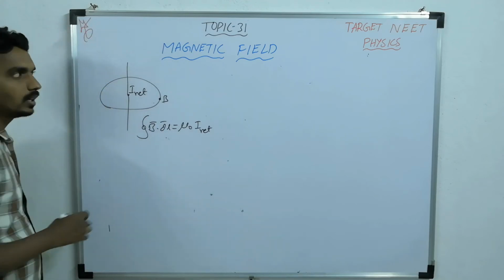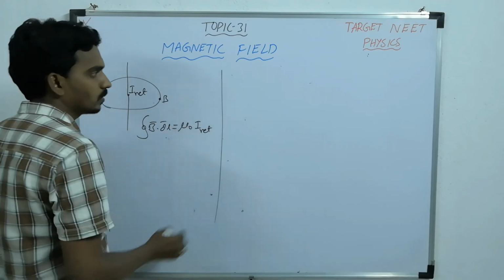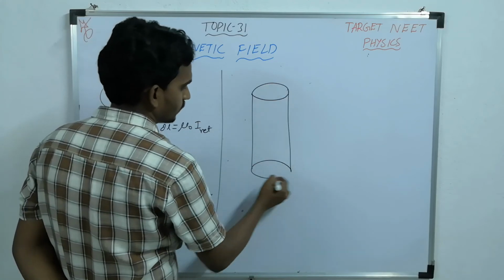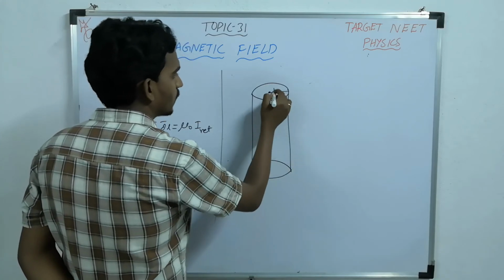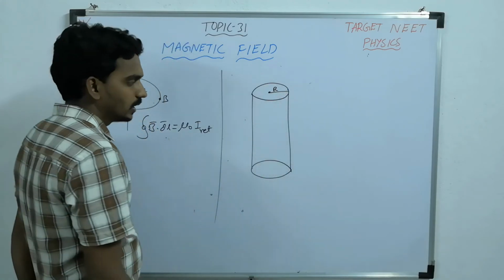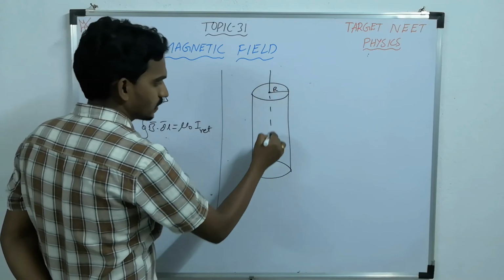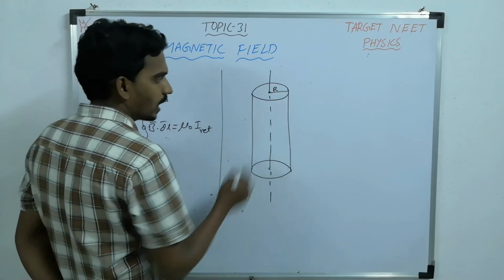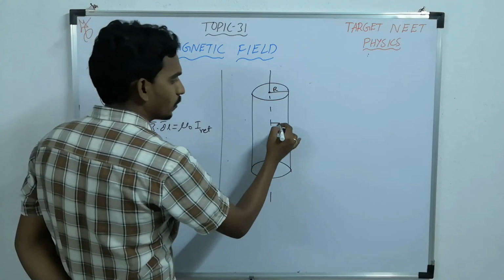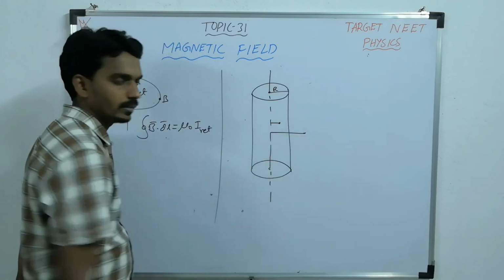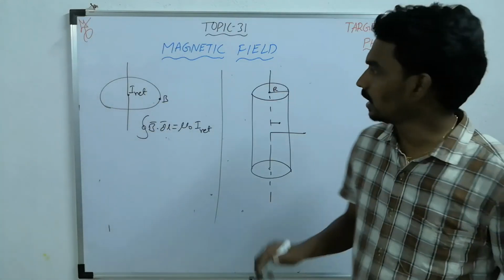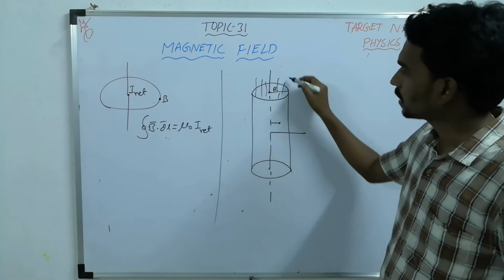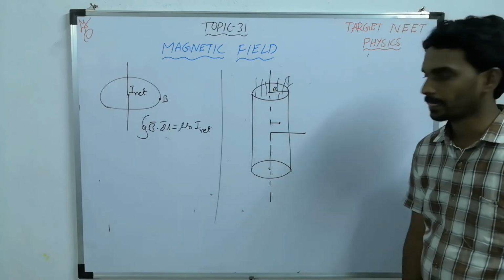So here, consider one question like one thick wire, not a thin wire, of radius capital R, and this is the axis of the wire, cylindrical shape. Now they can ask you the magnetic field at any point inside or at any point outside, where the current is passing through its surface, some capital I current.